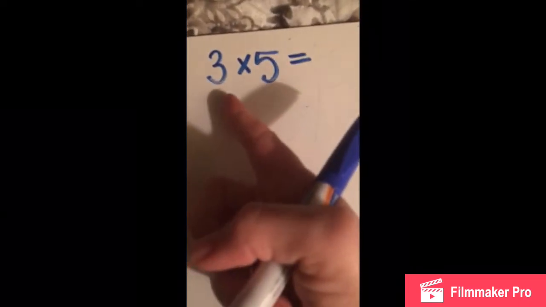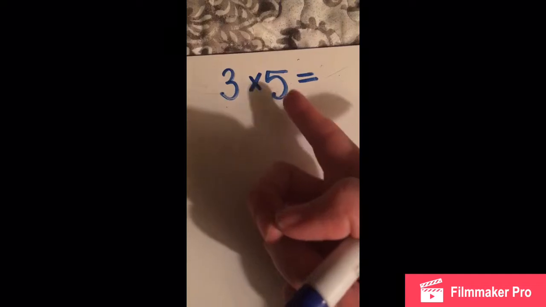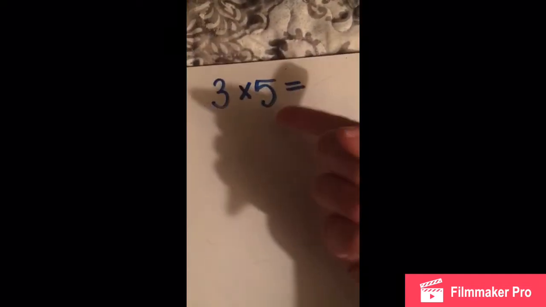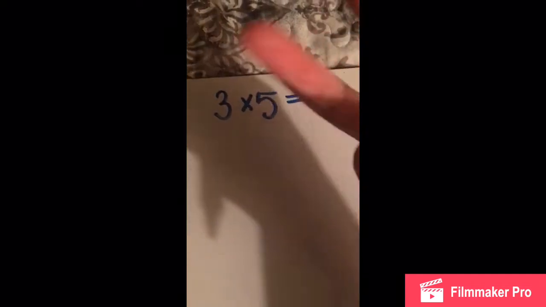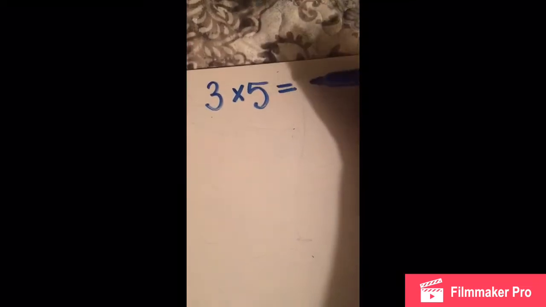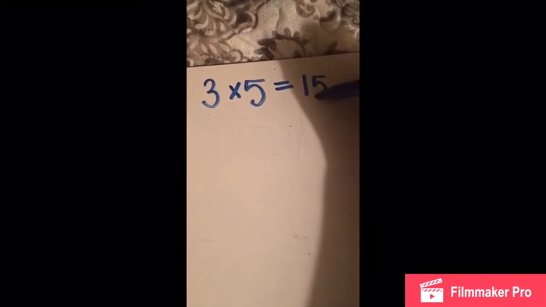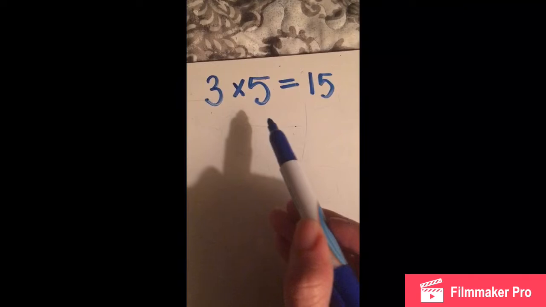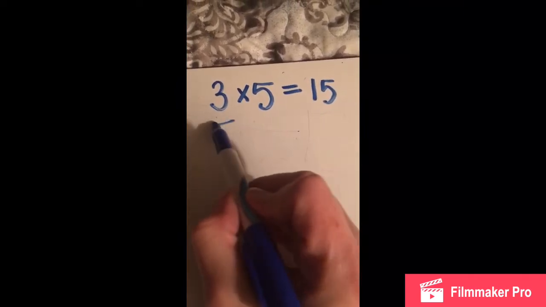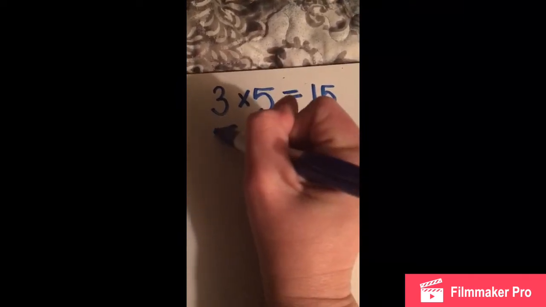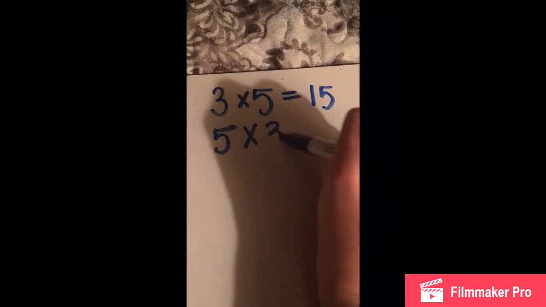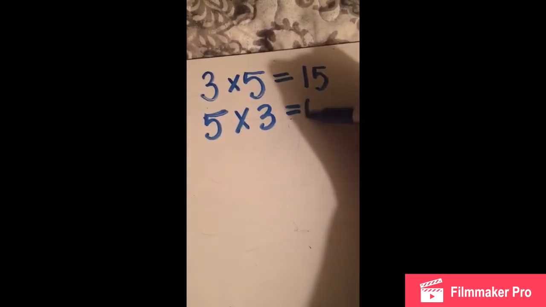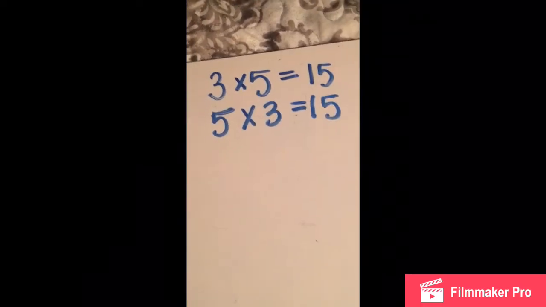We're going to count by 3's 5 times or 5 3 times. So I'm going to do 5 so that's easier. 5, 10, 15. So another way we could write this with a fact family is we just switch these numbers up. So we could say 5 groups of 3 equals 15 as well.